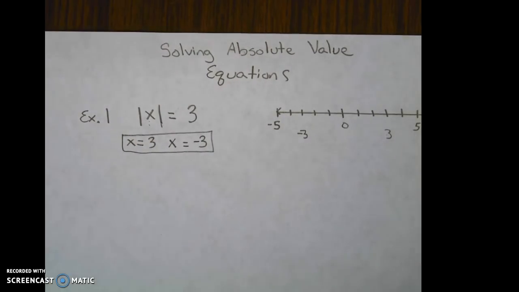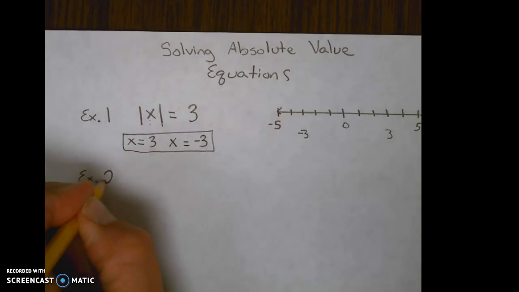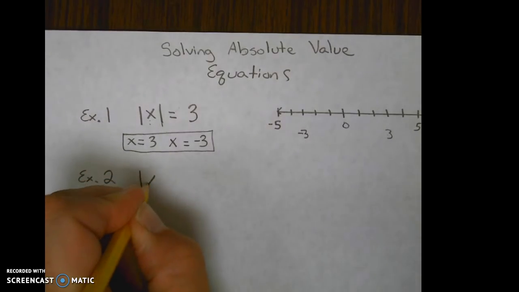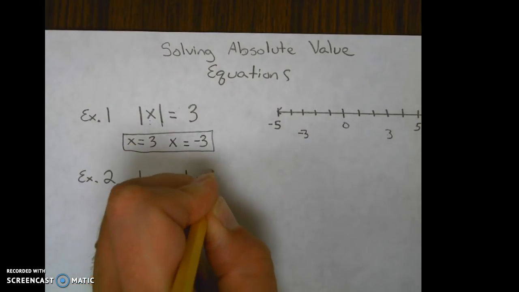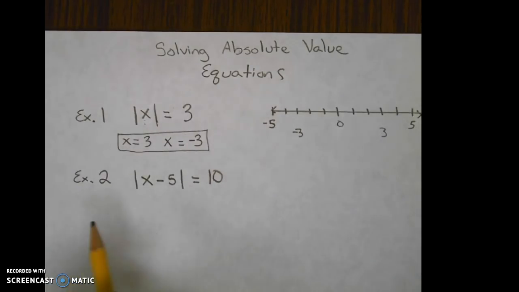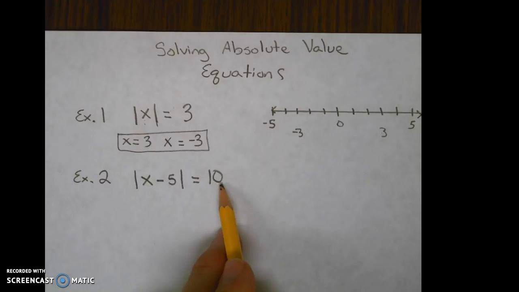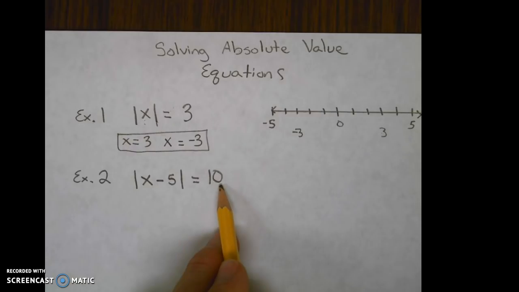Okay, so let's look at another example. This time we have the absolute value of x minus 5 is equal to 10. Now, we want to know what number or numbers are 10 units from 0?